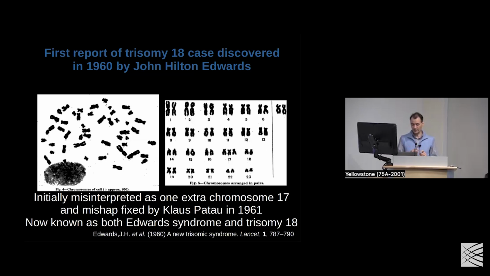One by John Hilton Edwards described an individual with trisomy 18 that didn't look like a Down syndrome kid, and he identified an extra small chromosome. He said that it was an extra chromosome 17. It turned out it was an extra chromosome 18, and it took about a year to figure out the mishap. But the discovery stood and the name stood as well. And now we also refer to trisomy 18 as Edwards syndrome.